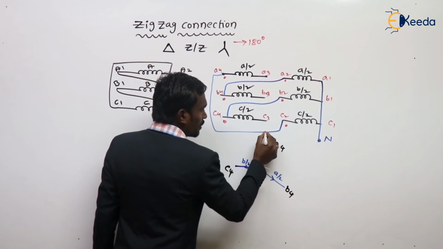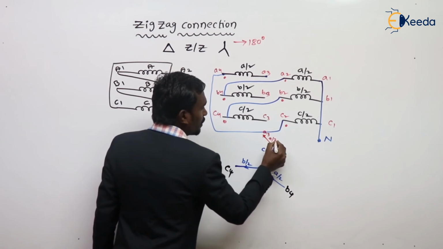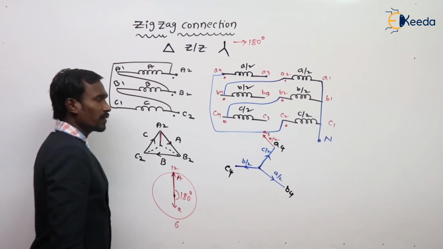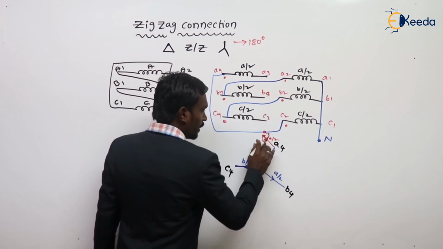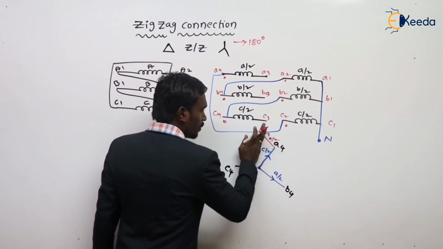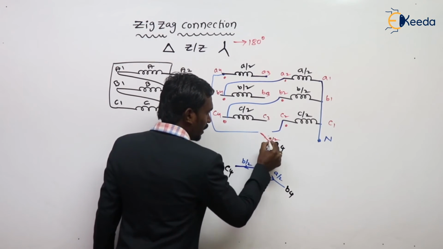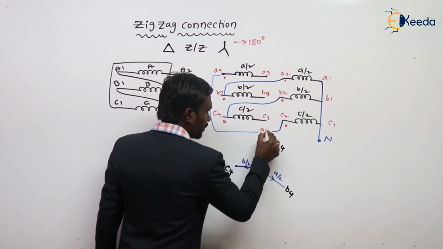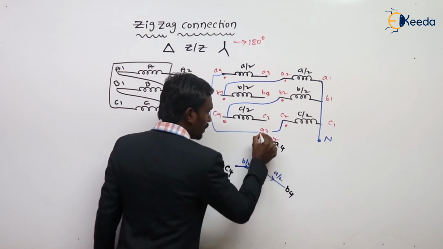This is A3 and this is A by 2. See here, exactly upwards, A3 and A by 2. Now this is our actual A.